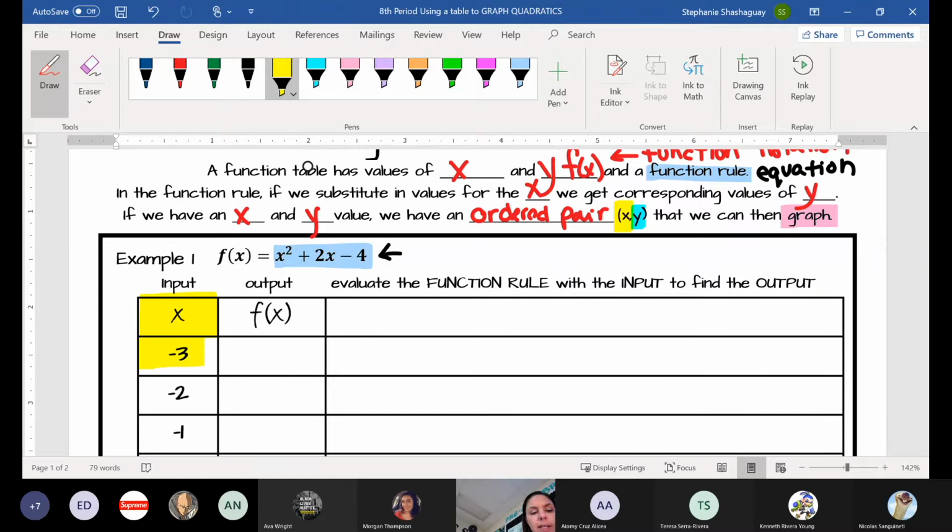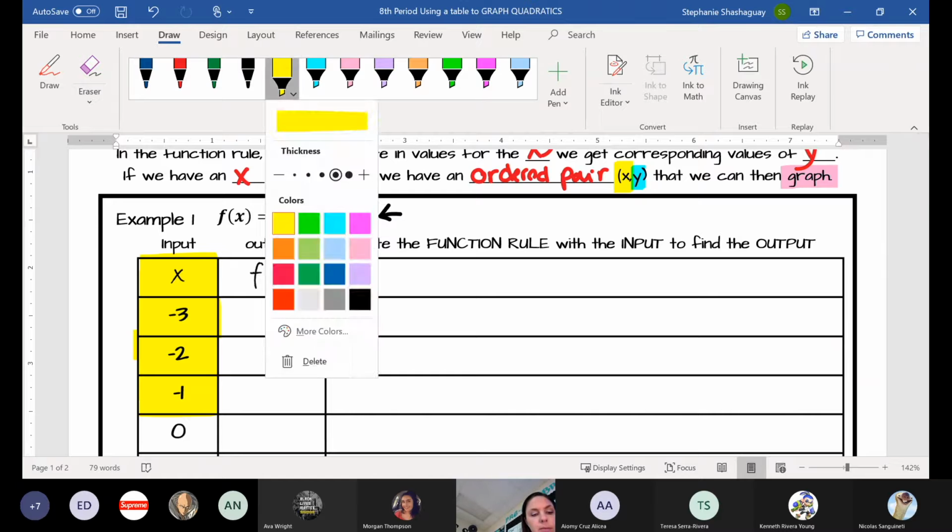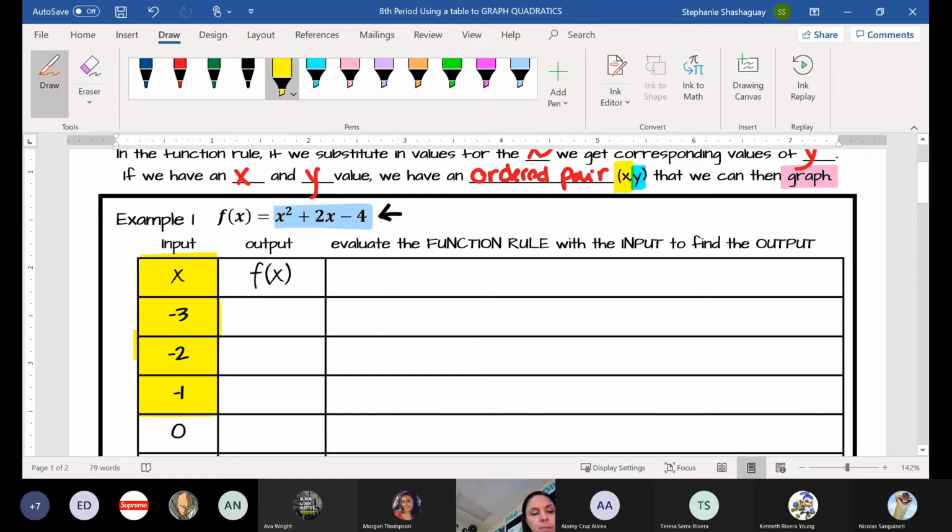In this particular table, they gave us the x values that they want us to use to find our y values. So we're going to use these x values as our input to get our output. And that's our function rule.